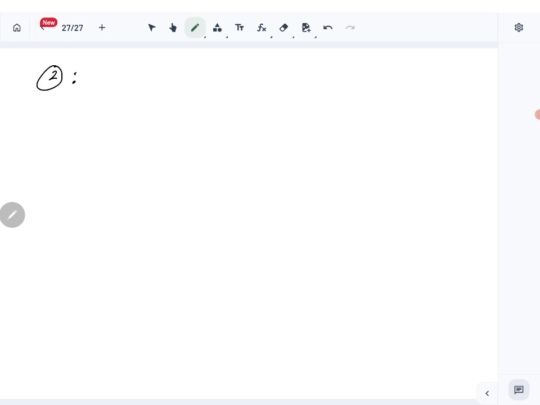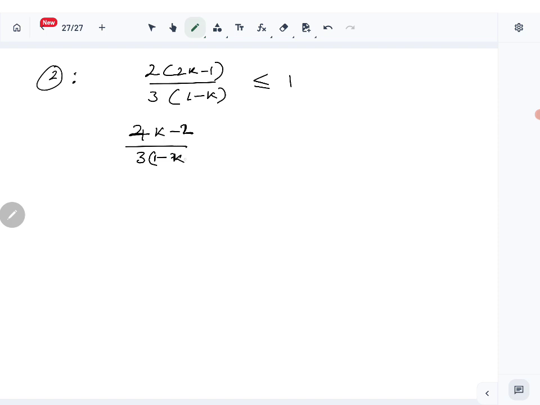So what is the second inequality? 2k minus 1 over 3 times 1 minus k is less than or equal to 1. Move the 1 to this side. Let's open the brackets: 4k minus 2 over 3 times 1 minus k, minus 1, less than or equal to 0.